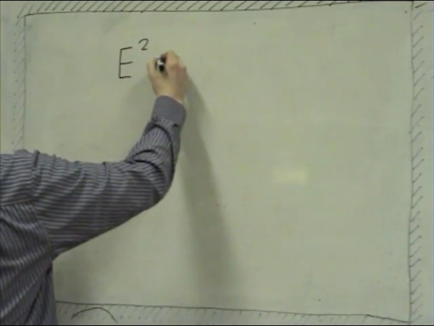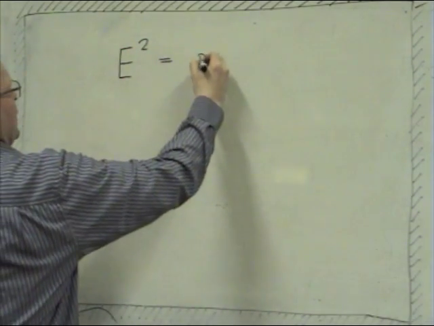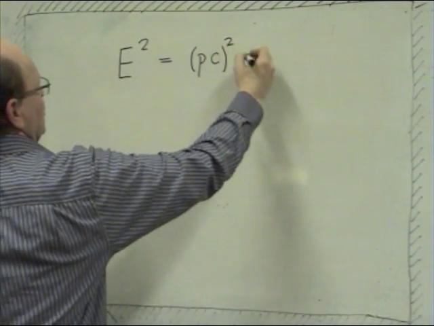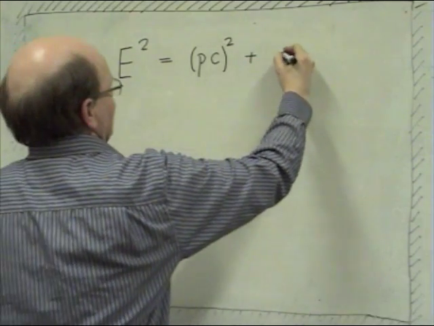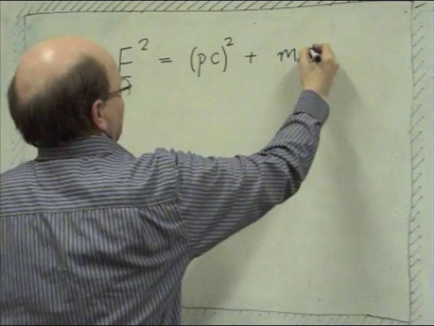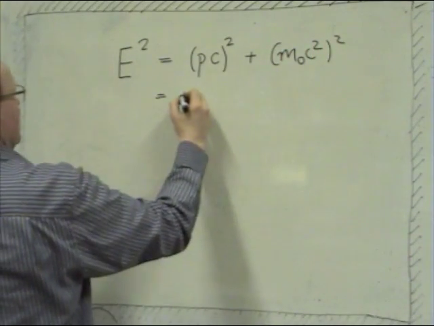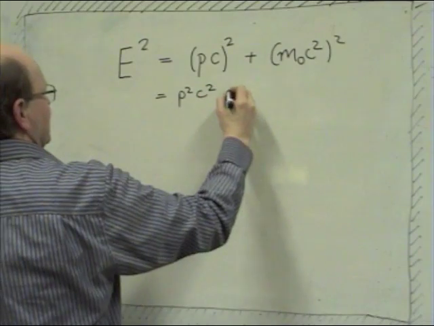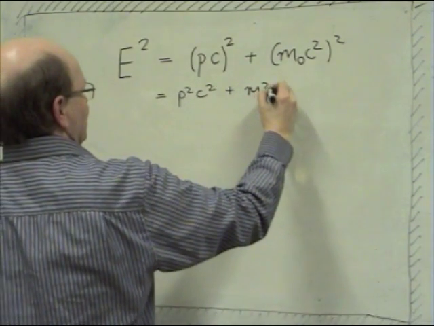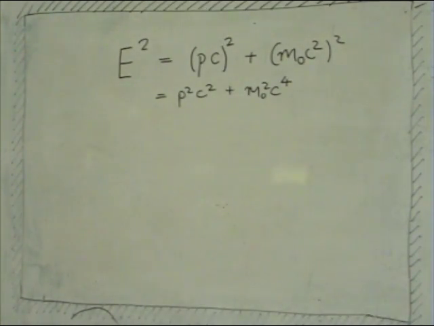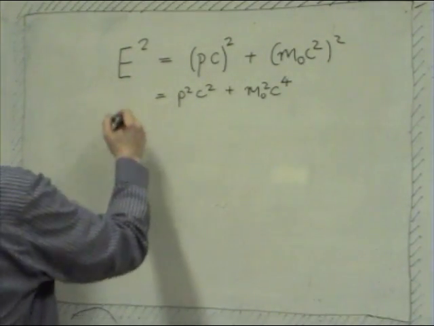The square of the total energy is the sum of the squares of the momentum magnitude times c all squared, and the rest mass times c squared all squared. Sometimes you see this written p squared c squared plus m naught squared c to the fourth. So that's the first equation relating these three quantities.